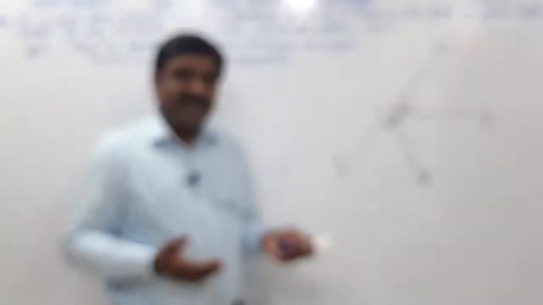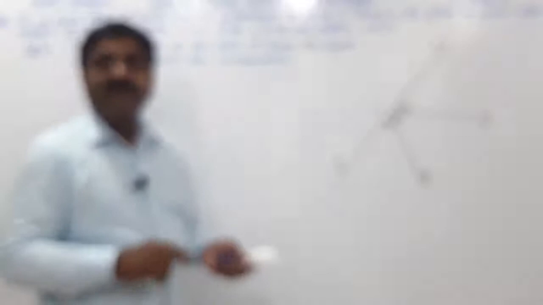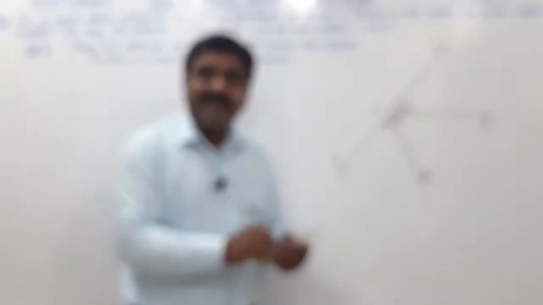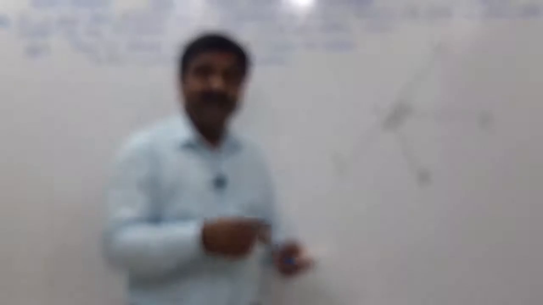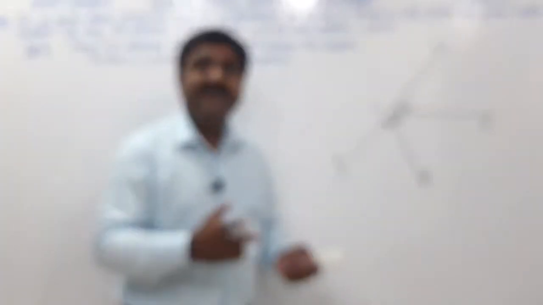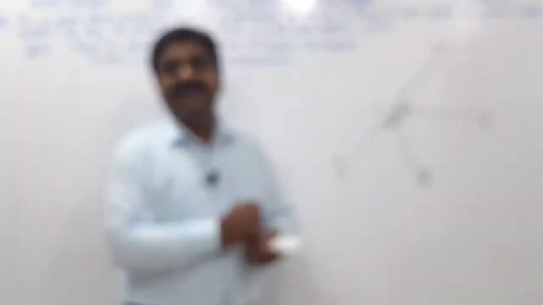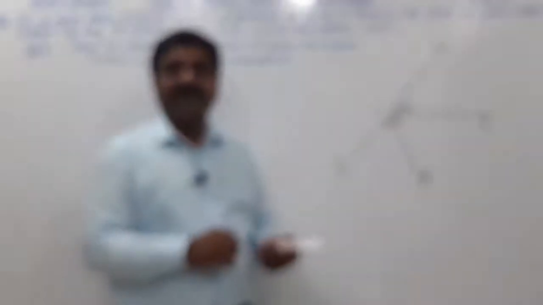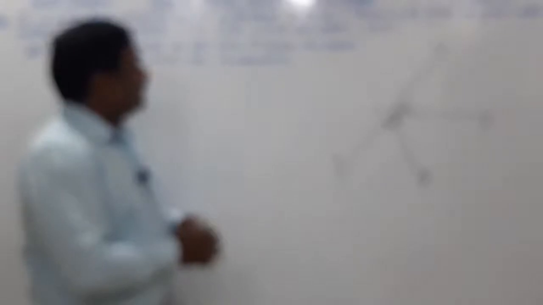In your previous classes you have studied, so don't forget it. And what are complementary angles? When the sum of two angles is 90 degrees, then both the angles are said to be complementary. Understood? So the sum of these two angles is 180 degrees, so these two angles are supplementary also.